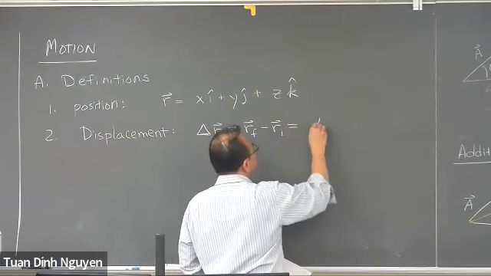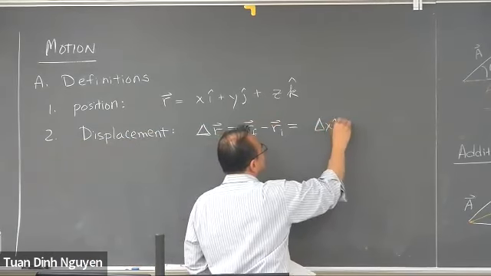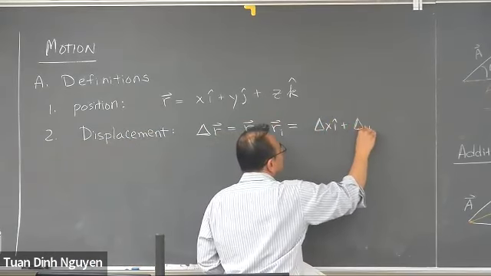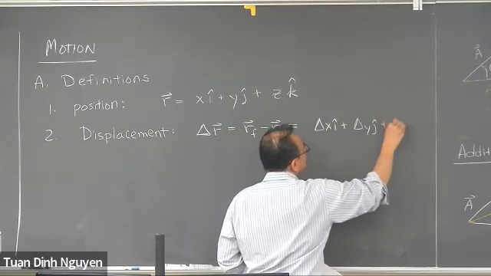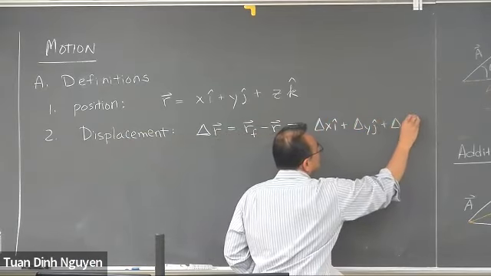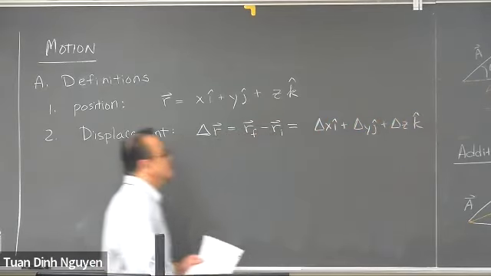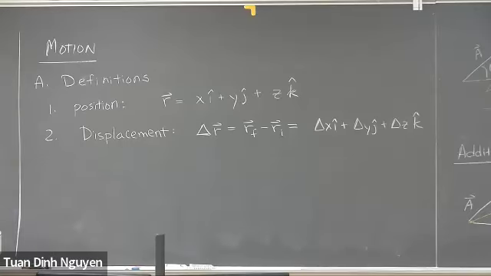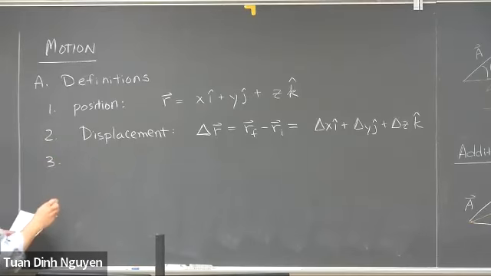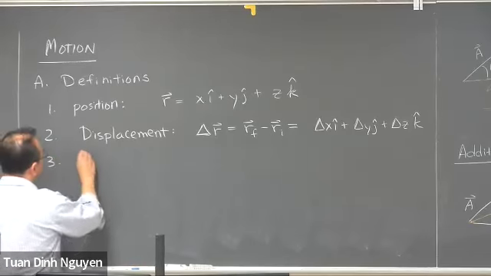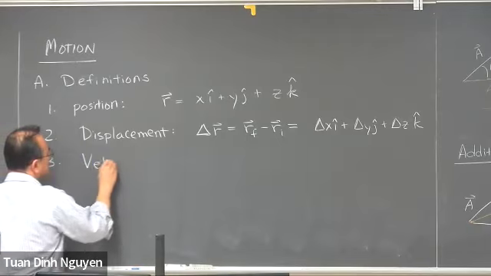So it's just a change in X, I hat, change in Y, J hat, change in Z, K hat. And then we did things to the displacement.